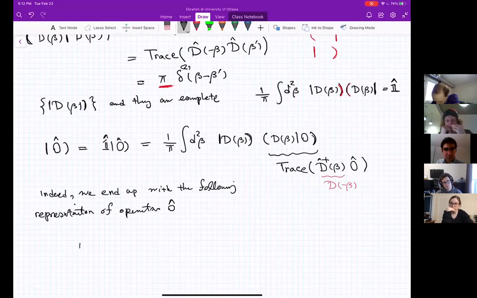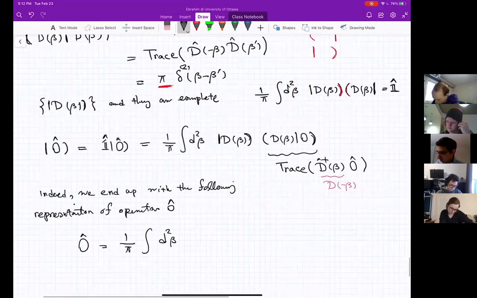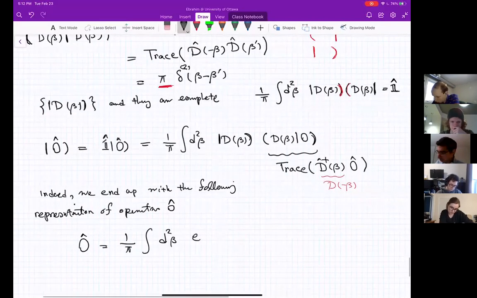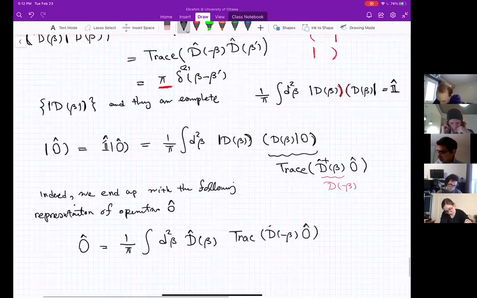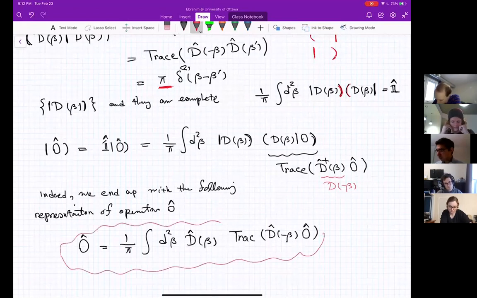So operator O is now given as 1 divided by pi, integral of d2 beta, D of beta, and that is the trace of D minus beta O operator. Good. So I can expand any operator in terms of the displacement operator.